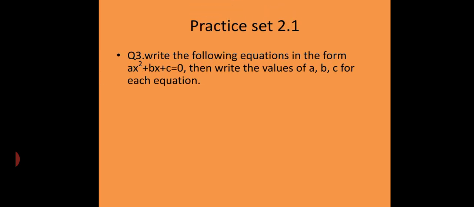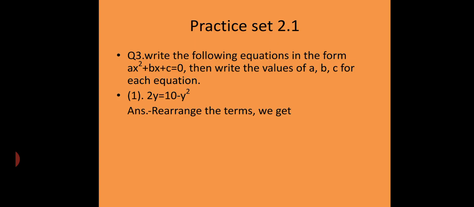Now let us see the next example, question number 3. Write the following equation in the form ax square plus bx plus c equal to 0. Then write the values of a, b, c for each equation. Example number 1, 2y is equal to 10 minus y square.